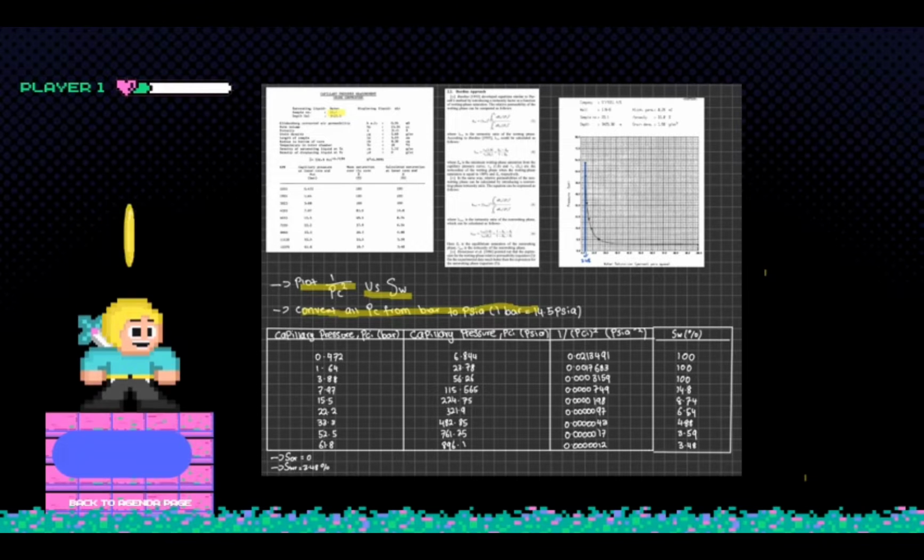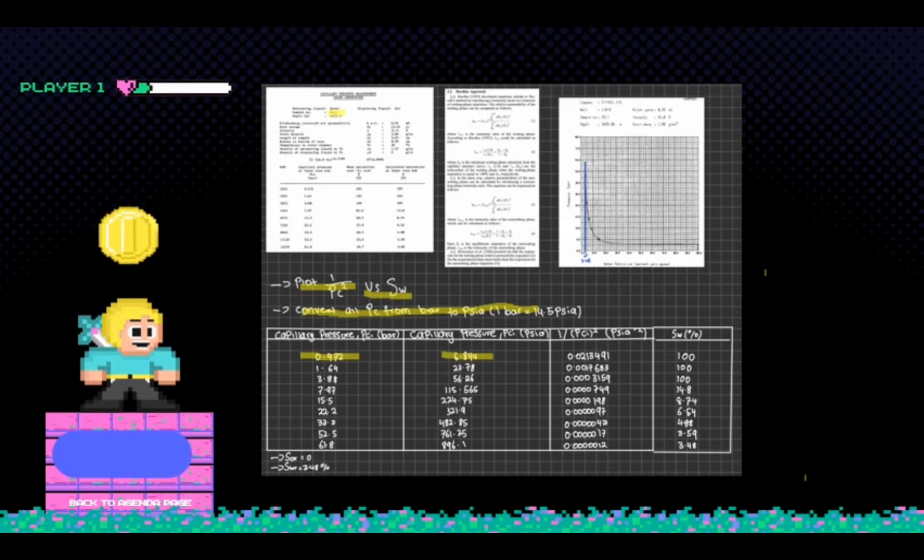We are able to convert everything to oilfield units, which is easily applied to the 0.26 millidarcy. So moving to the next slide, which is the calculation, we converted the capillary pressure to PSIA.